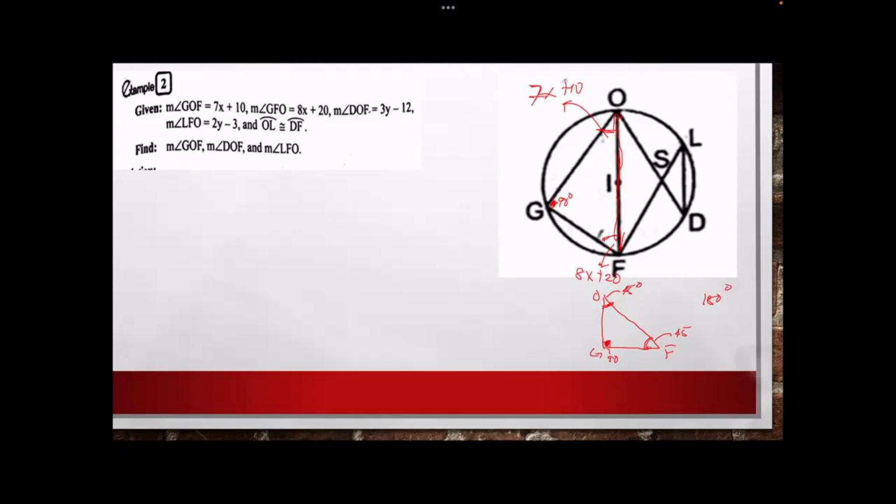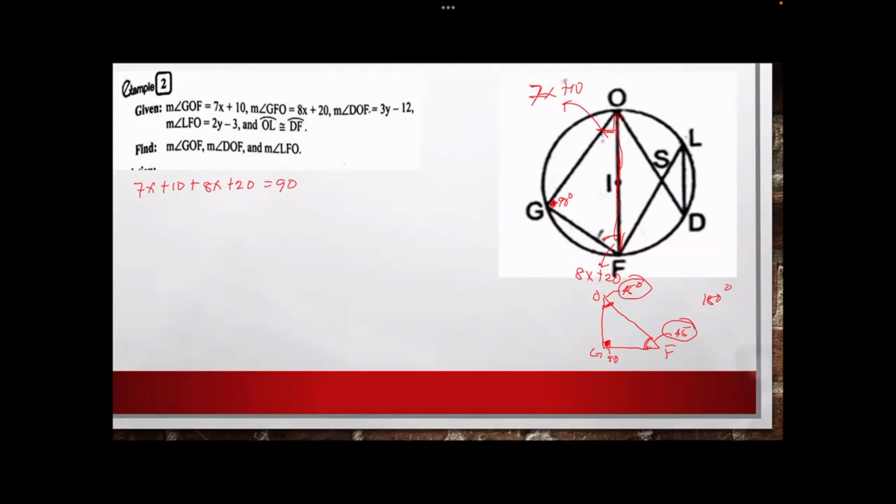Now, to find for your x, these two 45s, we have to add. That is called complementary angles, the definition of complementary angles. So, in order to find the value of your x, we have 7x plus 10 plus 8x plus 20 is equal to 90. Why is it 90? Because 45 plus 45 is 90.